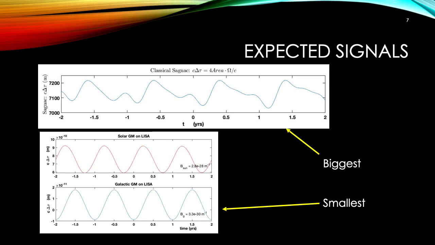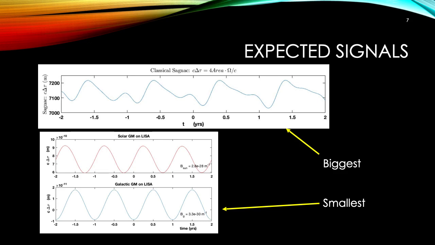Then we have what we can expect as signals from the sun, the red one, which is again also modulated because the rotation axis of the sun does not coincide with the direction of the north of the ecliptic. Then the smallest contribution comes from the galactic gravito-magnetism, and in turn it is yearly modulated during the year.